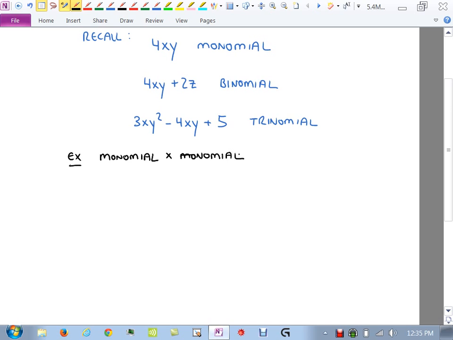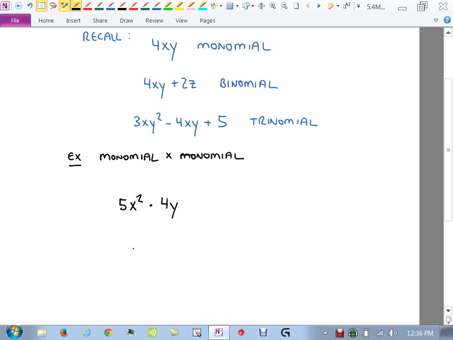Somebody give me a monomial. Any monomial you can think of. 5x squared. Good. Let's multiply that times a different monomial. 4y. So I have a monomial 5x squared times another monomial 4y.